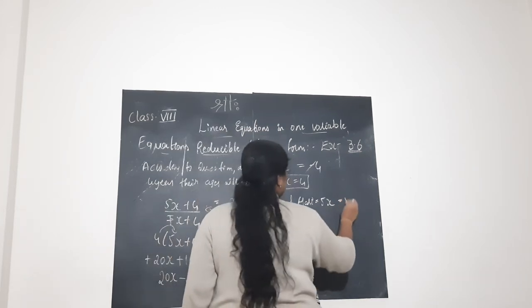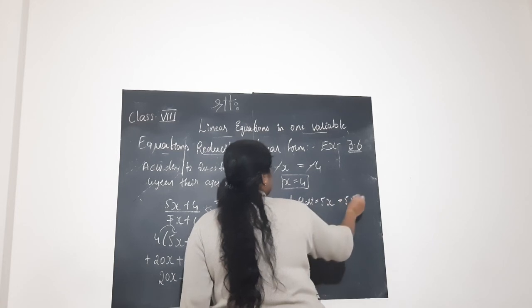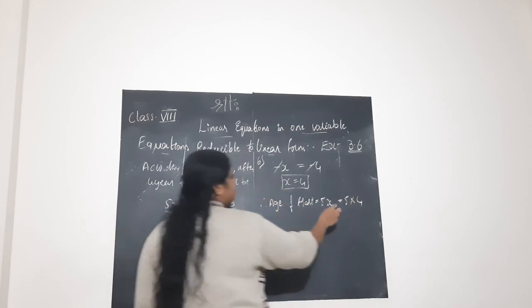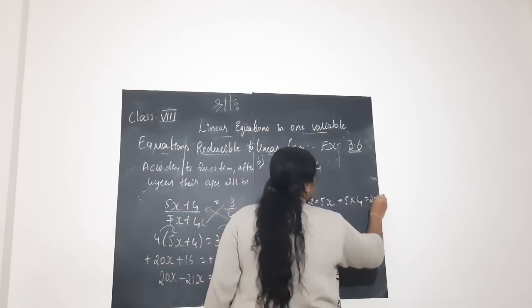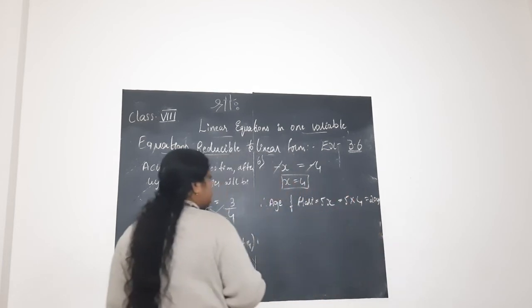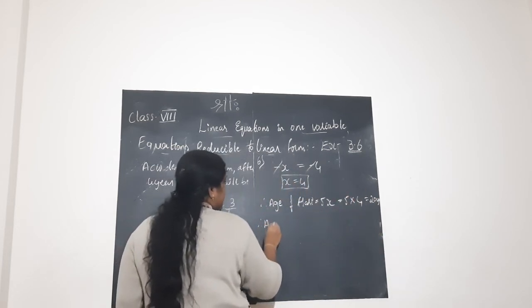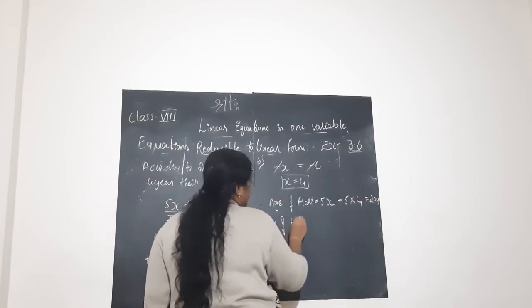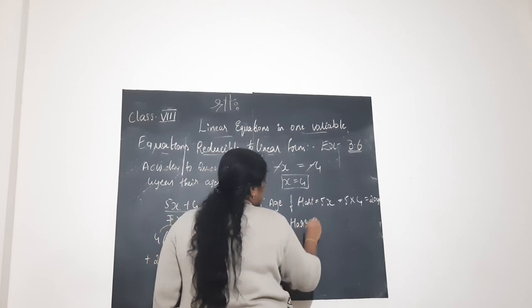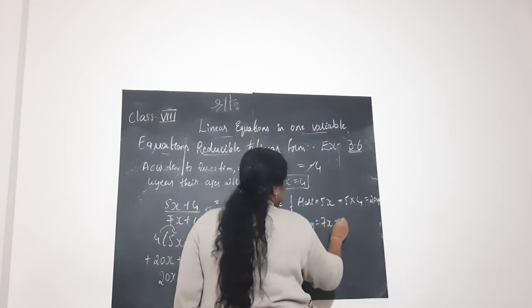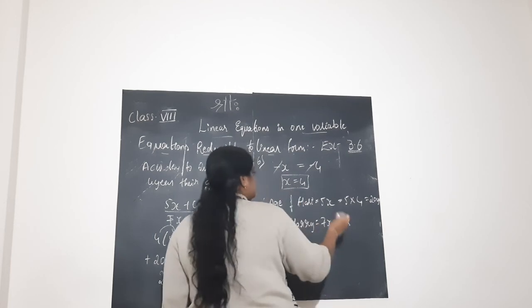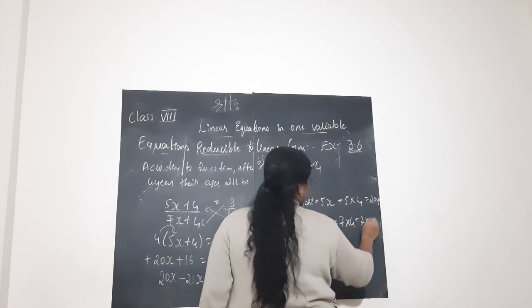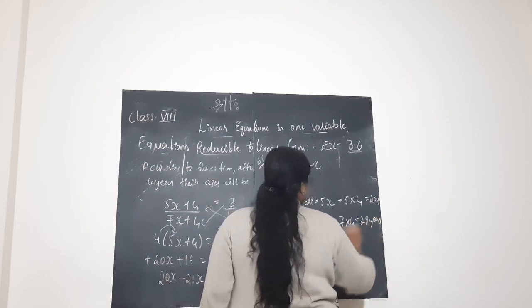So 5x is equal to 5 into what is our x value? We got 4. 5 4s are 20 years. So age of Hari is 20 years and age of Harry is equal to 7x, which is 7 into x, which is 4 again. 7 4s are 28 years.